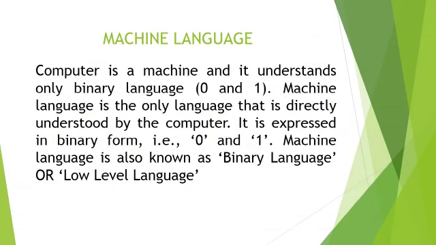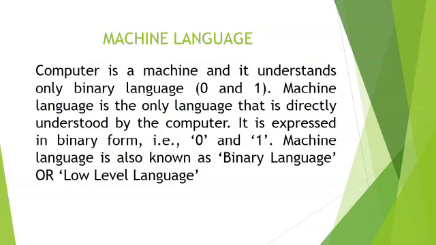First is machine language. The computer is a machine. As you all know, it understands only 0 and 1. Machine language is the only language that is directly understood by the computer. It is expressed in binary form, that is 0 and 1. It is also called binary language or low level language.